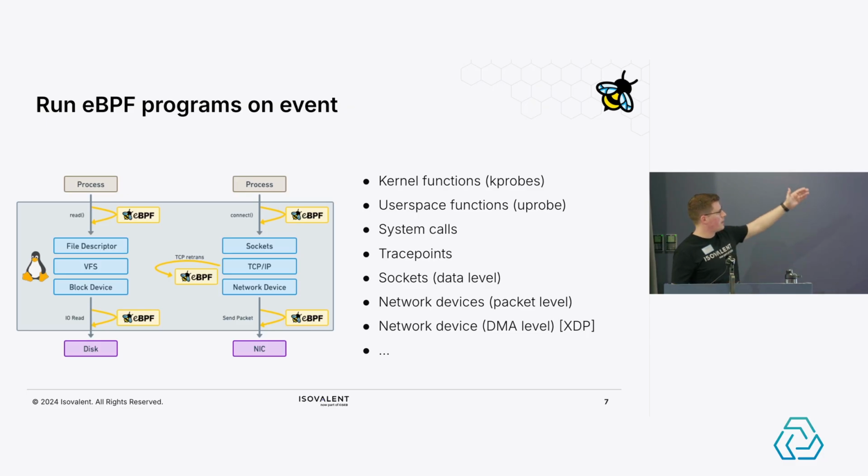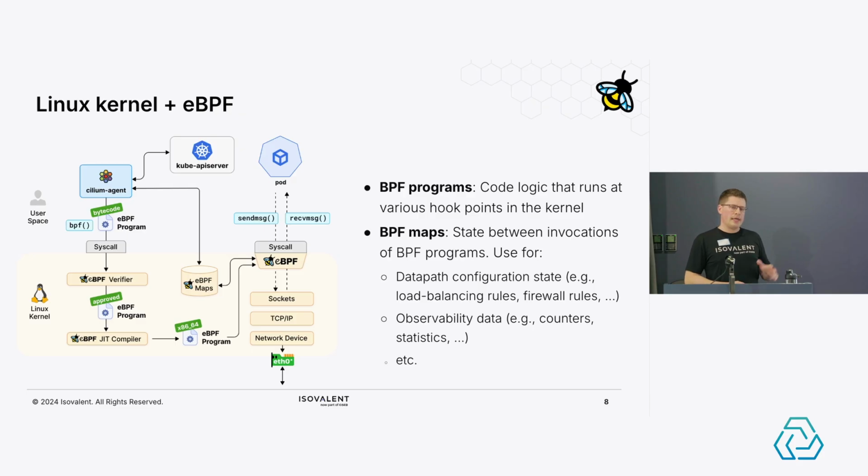It could be, for example, a process trying to read some files from the disks, or a process initiating, here in this case, a TCP/IP connection to, for example, an outgoing target. So that's also what's highly used by Cilium.